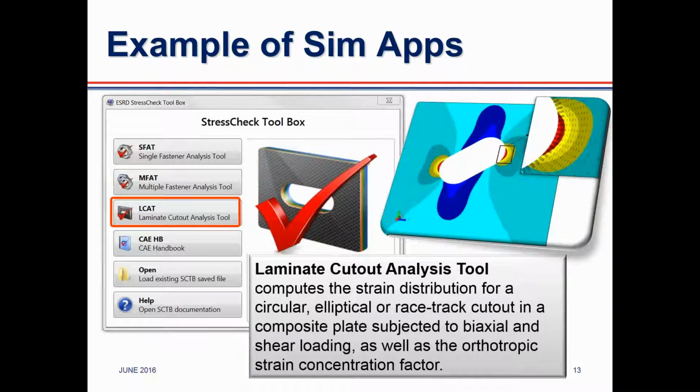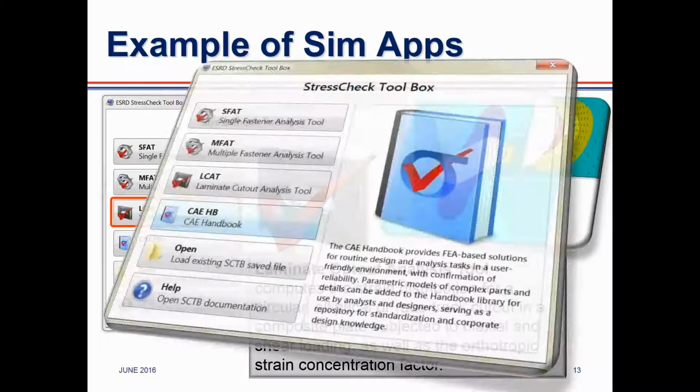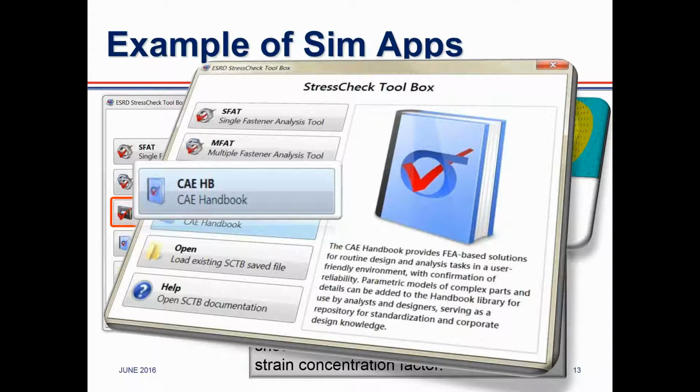Whenever a damage is detected and it has to be removed, one of the requirements in the design of the repair is that the cutout has to have enough strength to support some limit load, and they use this tool for determining that before the repair is authorized to be performed. And CAE-Handbook is another tool that we will discuss in more detail in the next webinar.